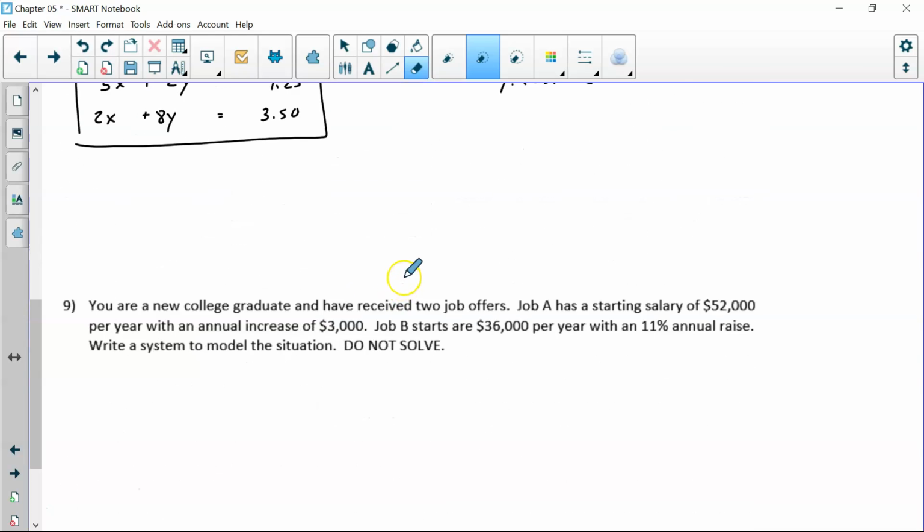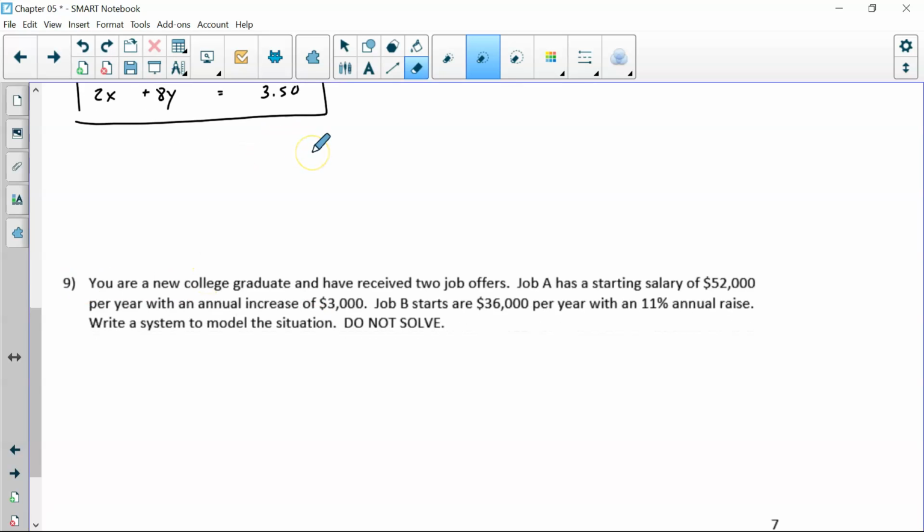Problem number 9. Now, looking at these job offers, we're not going to solve this, we're just going to write it. Job A: you get a starting salary, so our initial cost, $52,000.